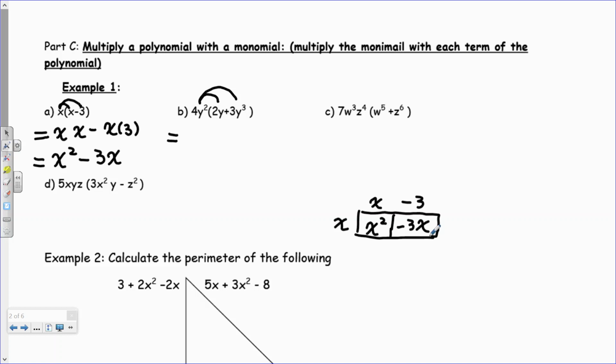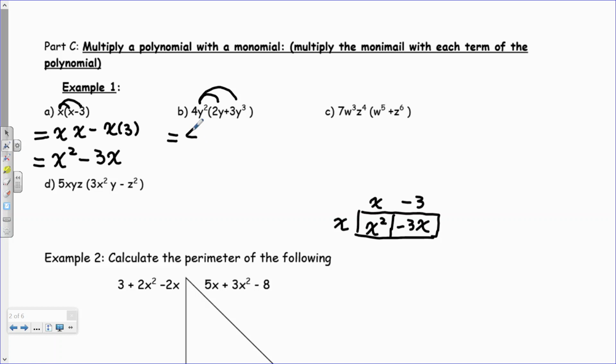You don't need to draw this box. You can always use the distributive property: one term times each term in the other bracket, or what we call the rainbow method. For this one, we use this monomial times each term in the bracket.